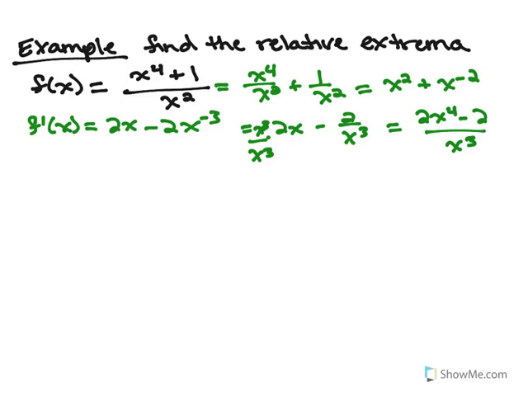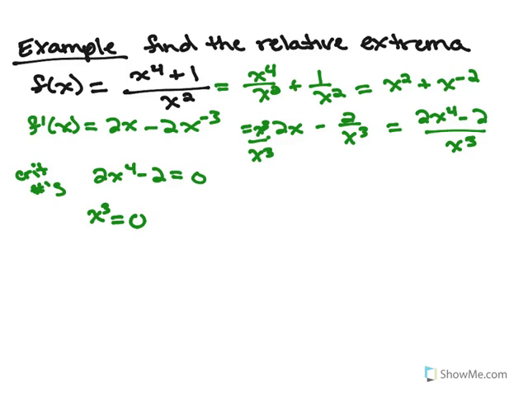So to find the critical numbers, we're going to set the numerator and the denominator equal to 0. So 2x to the 4th minus 2 equals 0, and x cubed equals 0.